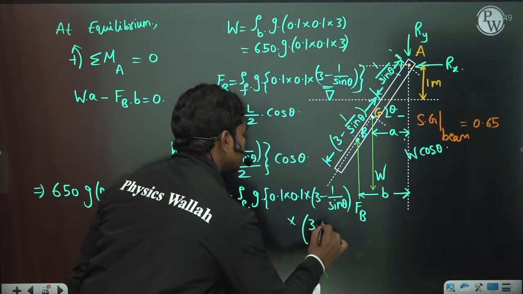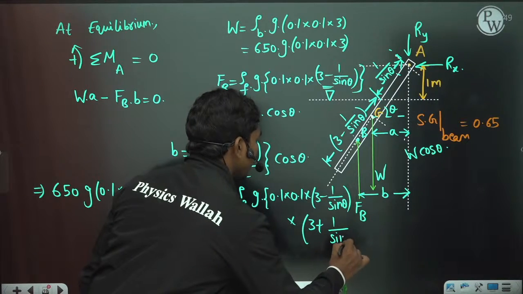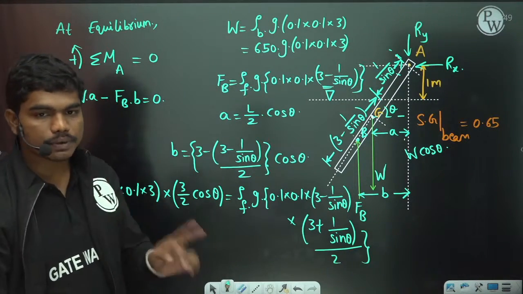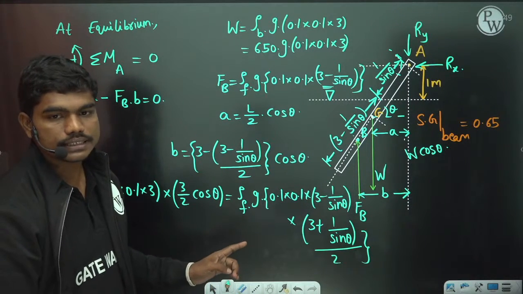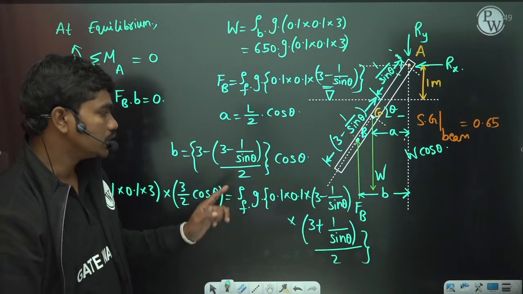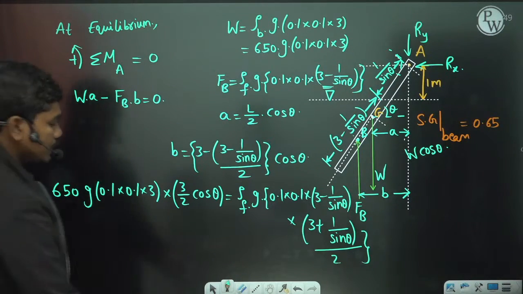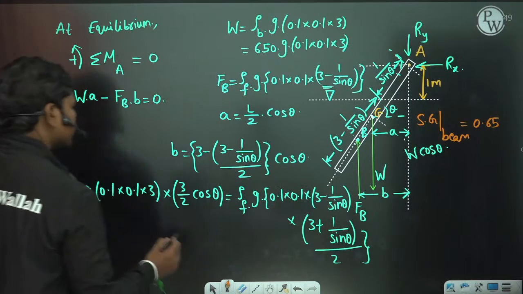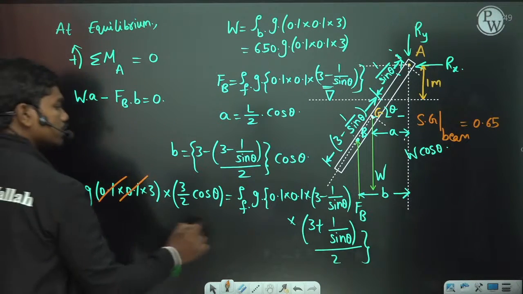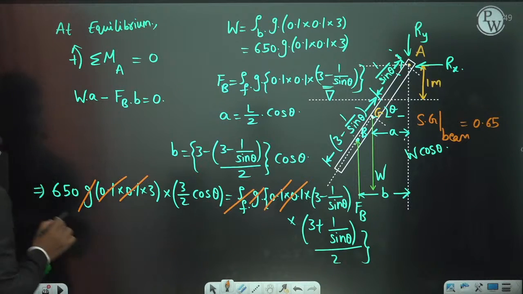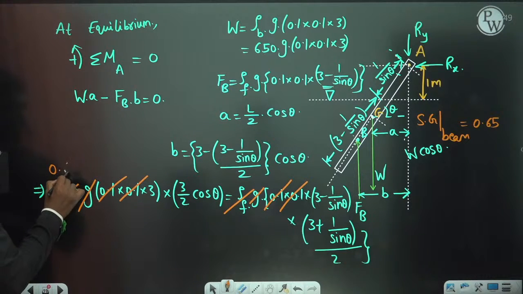This is the equation, and we need to use trigonometry carefully here. If you do, you will get the answer. Now let us calculate some common terms: 0.1, 0.1, G, and the fluid density over 650, which gives you 0.65.